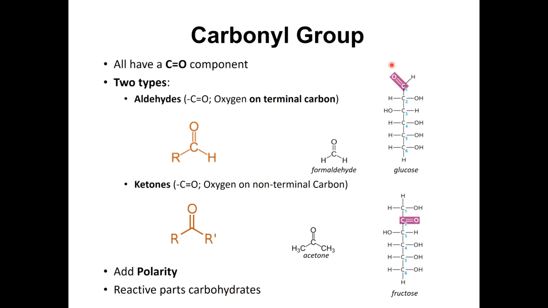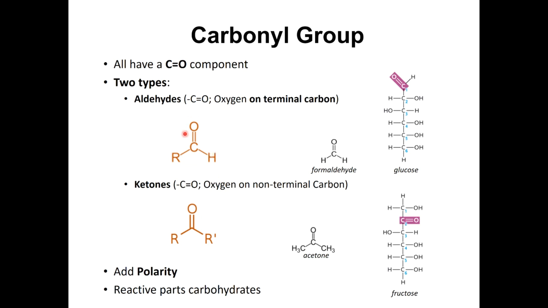In this case, this carbonyl group is referred to as an aldehyde. Formaldehyde is an example. Obviously, it's a single carbon, so it has to be the terminal carbon as well. But you can find it here in glucose. You can find the same thing in galactose, for example. It is on the terminal carbon, so it's an aldehyde.